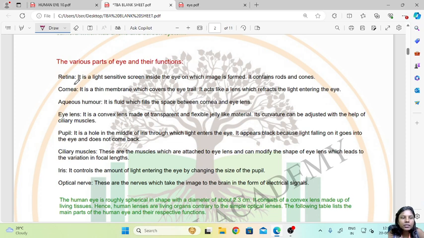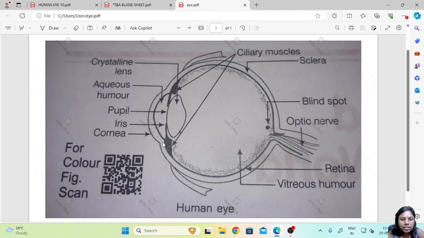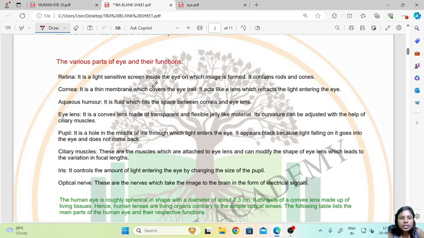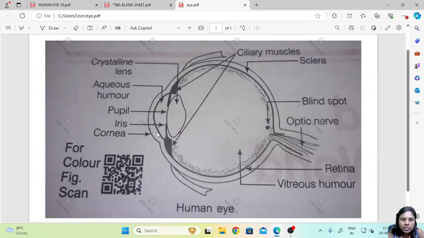Then next we have the cornea. The cornea is a thin membrane which covers the eye. This front layer, or front membrane, is known as the cornea. Inside this we have the eye.